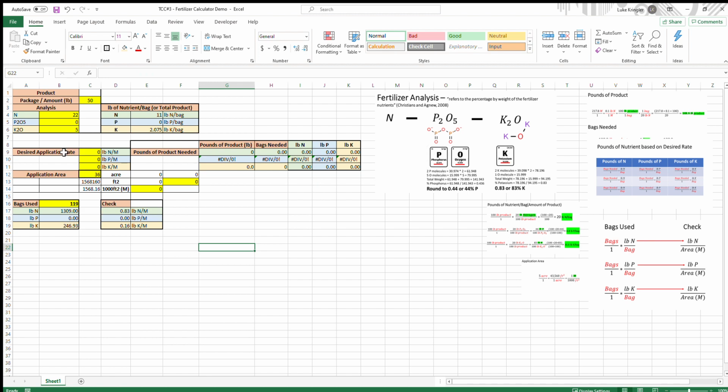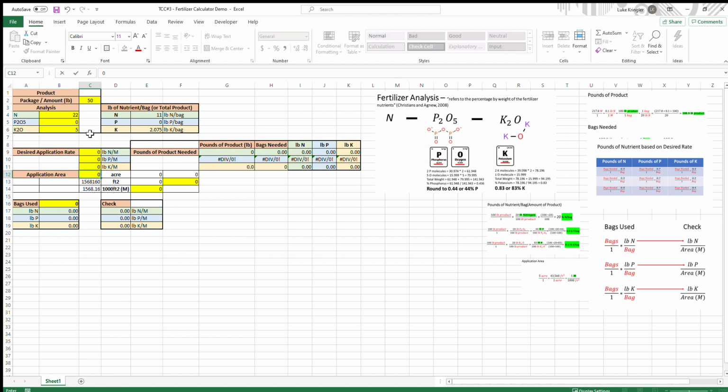If we send someone out to apply a fertilizer to a known area, they use a certain amount of bags, and we know the analysis and the weight per bag, we can use this check function to get our pounds of nitrogen per application area. So that's another use of the calculator there.